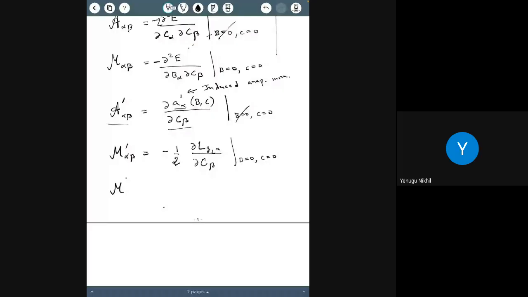Since this is a mixed one, you can also go the other way, which means I take the analytic induced anapole moment, and do this, keeping the same alpha beta as before: this is beta, and this will be alpha.